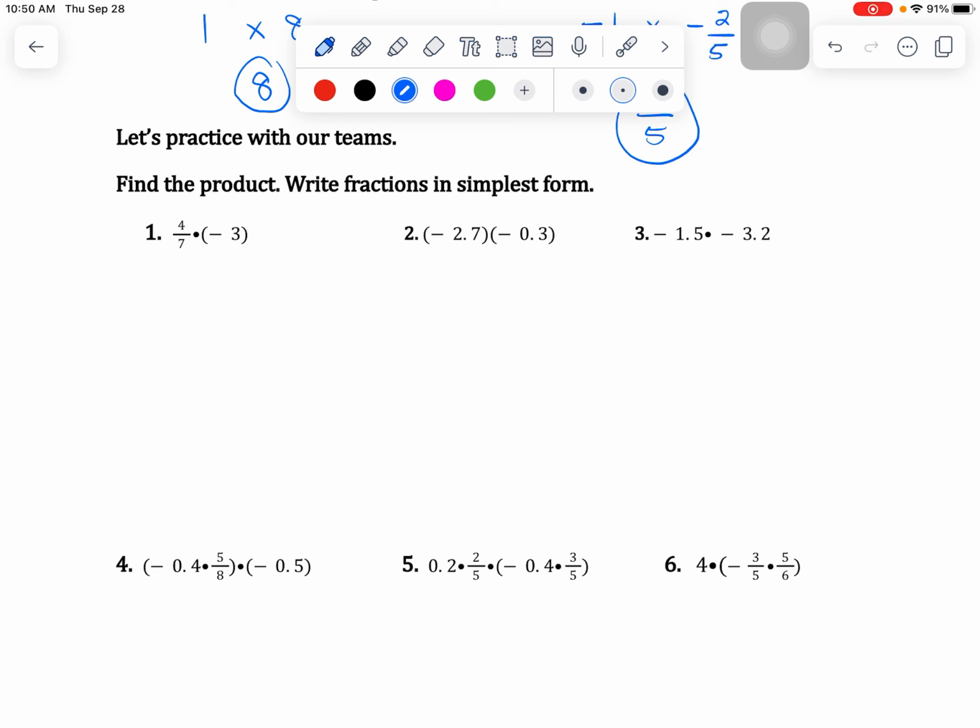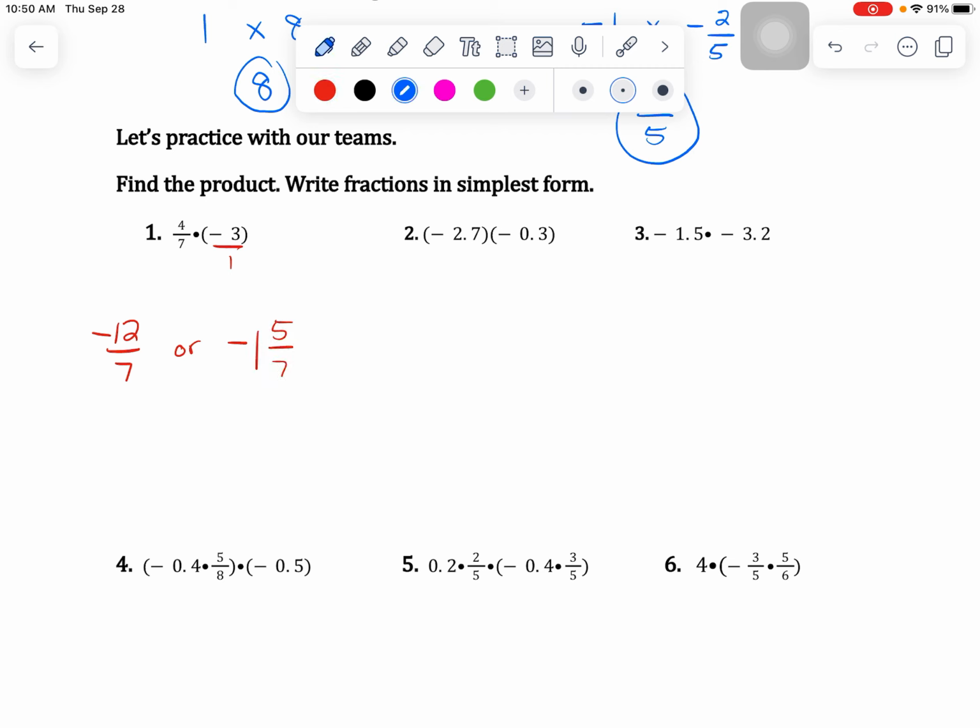All right, so looking at the answers to our practice problems, from the first problem, I just made that fraction over 1, and I multiplied straight across the numerator and denominator because nothing could simplify. So I ended up with a negative 12 over 7, which is equal to a negative 1 and 5/7.